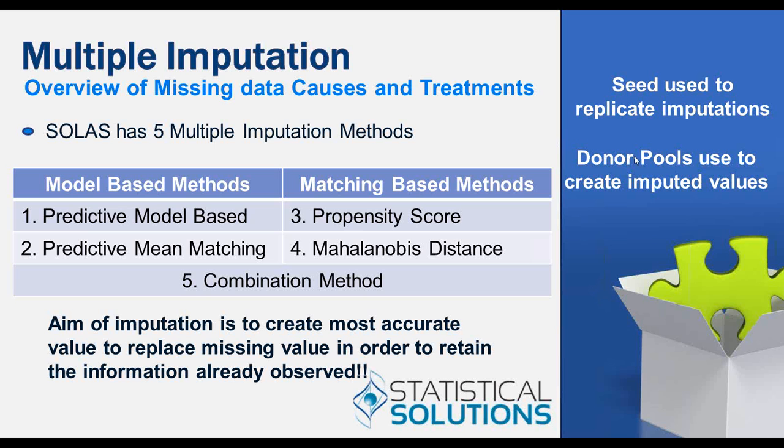As you can see here on the right, donor pools are used to create imputed values. So what does that mean? We create a pool of values where they're either similar, or they have a small Mahalanobis distance, or they have a similar propensity score, or they have a similar linear model value, or they've been highlighted as similar based on the predictive mean matching model, and we create a donor pool of 5, 10, 15 cases, and we randomly select using an approximate Bayesian bootstrap, randomly select with replacement from that pool to create the imputed values and create multiple data sets.